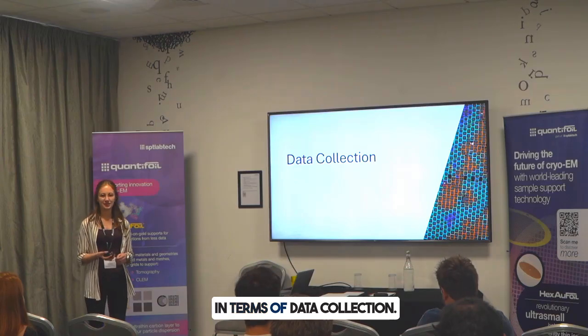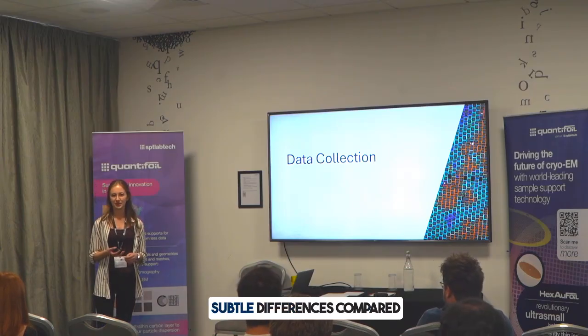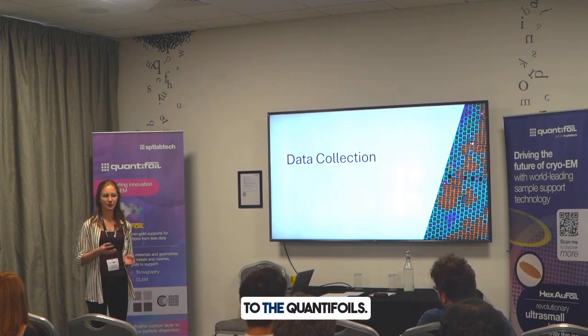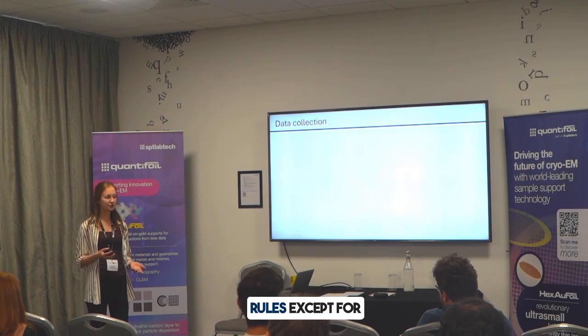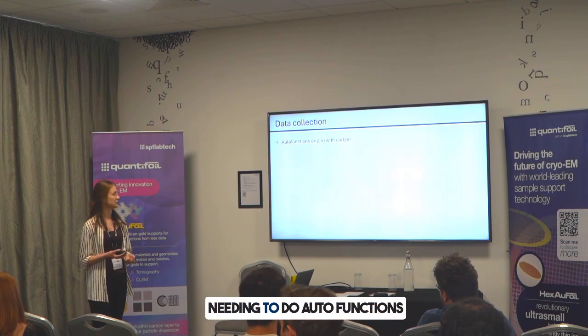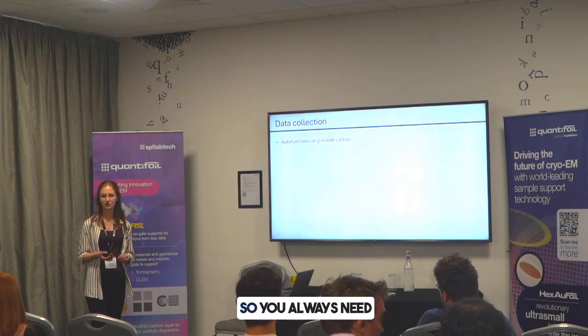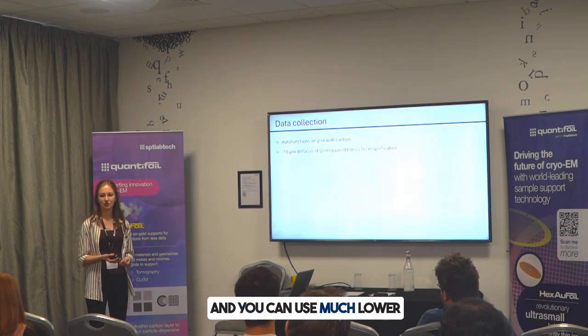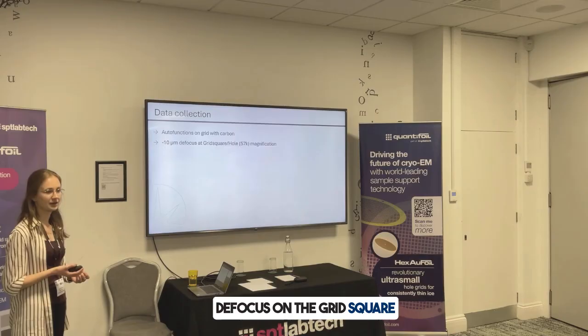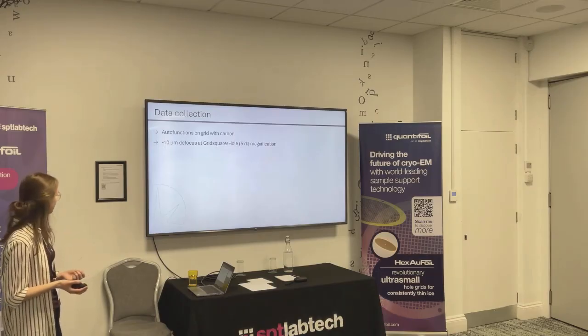In terms of data collection, there are again a few subtle differences compared to the Quantifoils. They follow the same rules, except for needing to do autofunctions on a carbon grid, so you always need to have that one around. And you can use much lower defocus on the gridsquare and hole magnification.